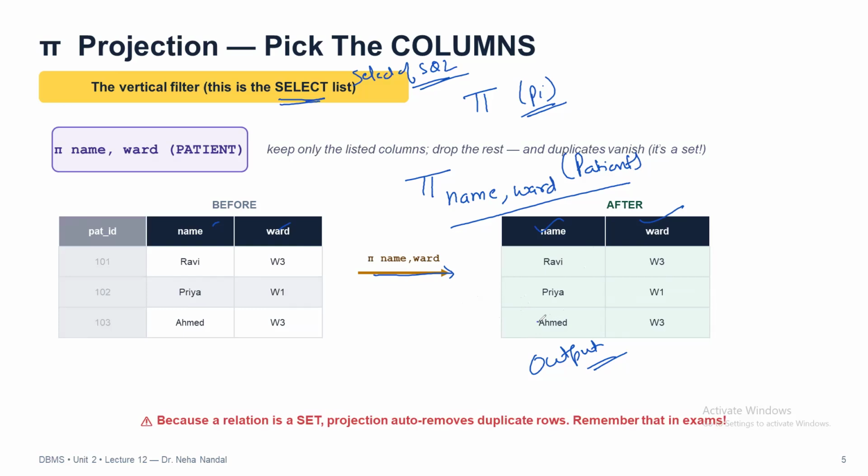If Ravi was there again in 103, with the same ward, it will represent only the one row. It will remove the duplicacy of Ravi W3, Ravi W3, that is duplicated. So projection automatically deletes the duplicates. Please remember this point.